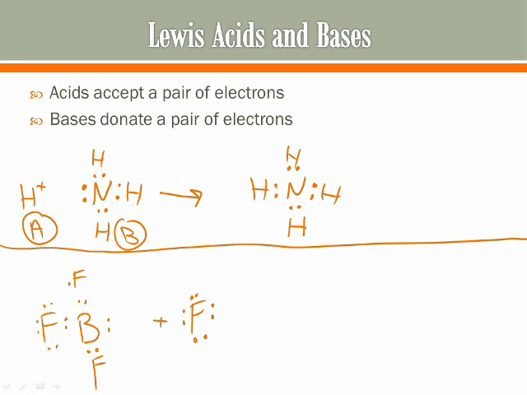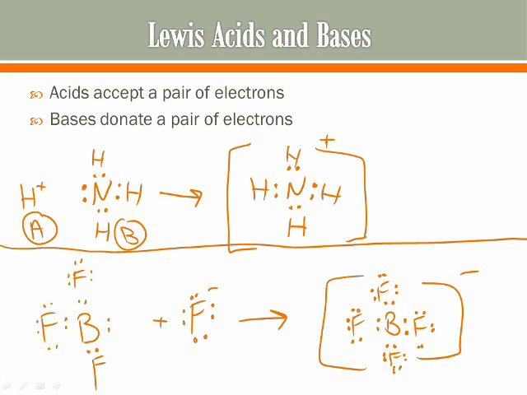We have the BF3 plus the fluoride ion. The boron trifluoride is the acid, the fluoride ion is the base, then we get boron tetrafluoride as the final product. So these are Lewis acids and bases, electron accepting, base donating.